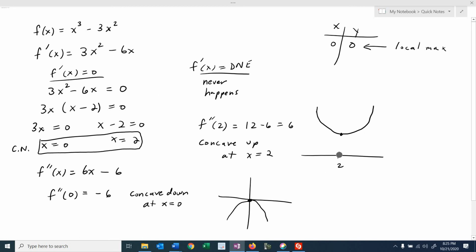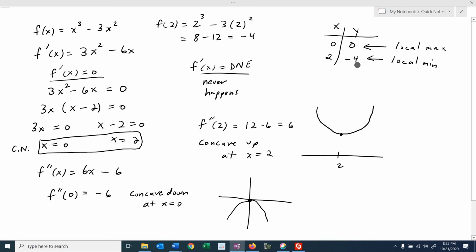Now let's find the y value for this one by plugging 2 into the function. So f of 2 will give us 2 cubed minus 3 times 2 squared. That's 8 minus 12, which is negative 4. And that's our local minimum.